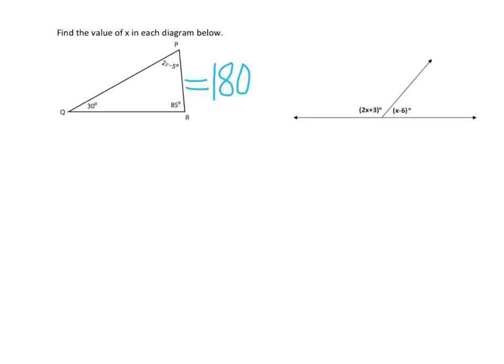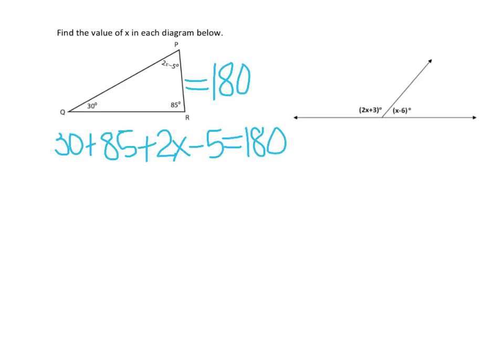I'm going to set up an equation underneath this. 30 plus 85 plus 2x minus 5. And all that's supposed to equal 180.